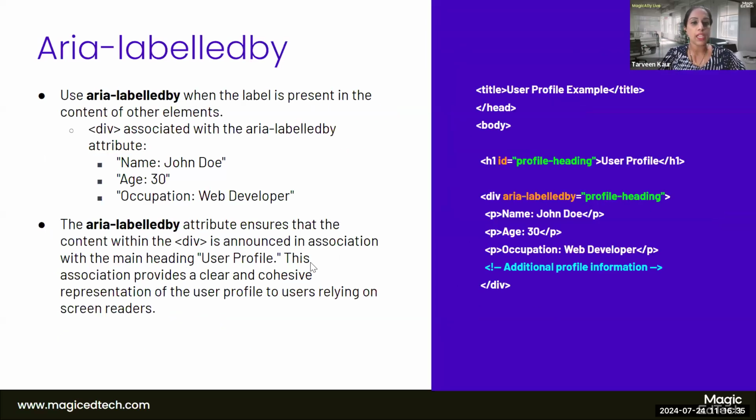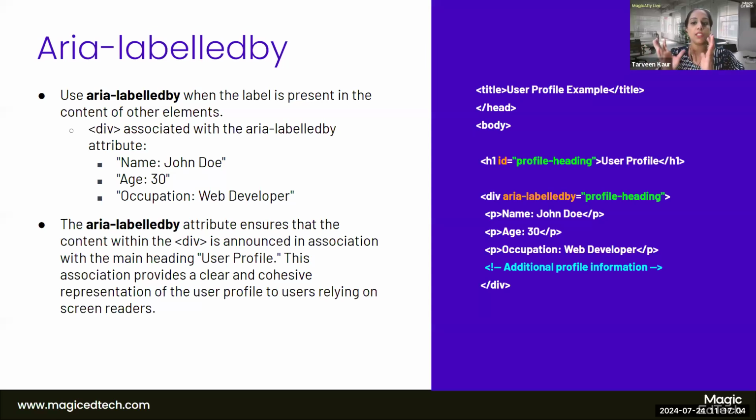Let's talk about ARIA labeled by. ARIA labeled by works hand in hand with ARIA label. When the label is present in the content of other elements, and we are trying to associate, like ARIA label is used for specifying a custom label which is directly associated to an element. So for example, the example you see on the right side of the screen, there is a user profile menu item.